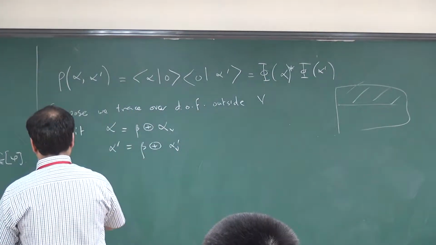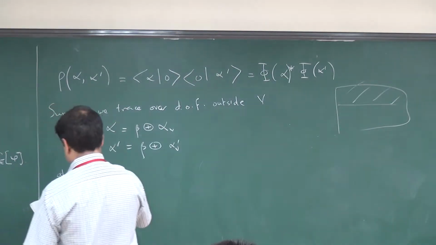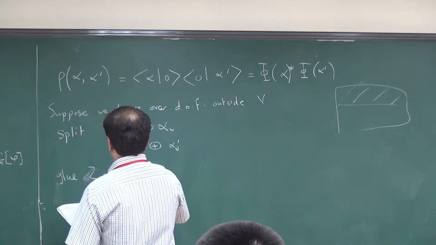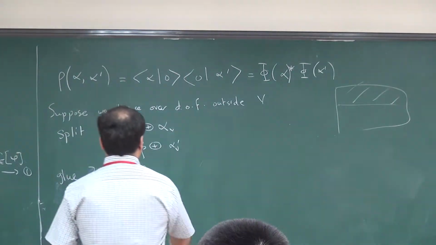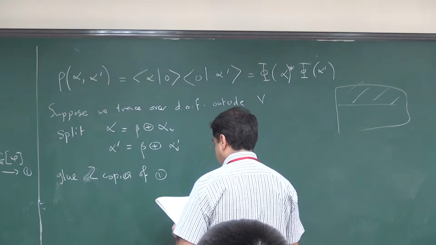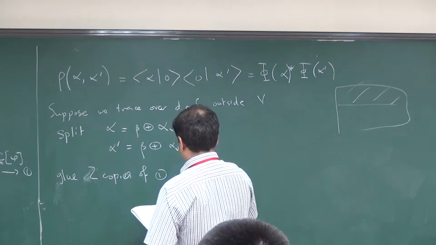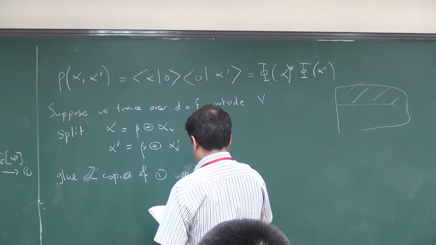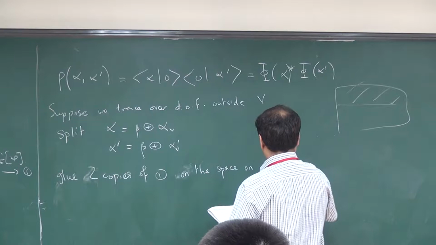So what you essentially do is you are gluing two copies of this, on the space on which alpha_V lives.